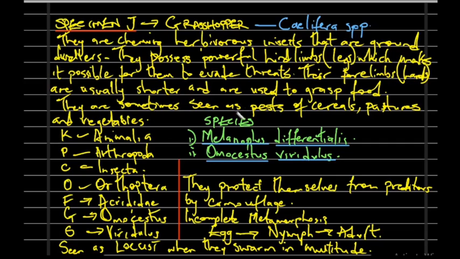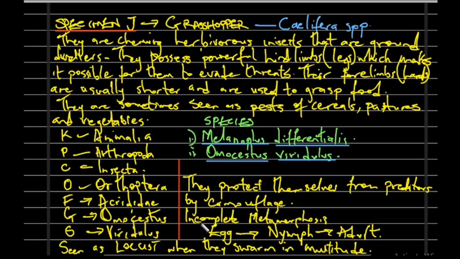They are sometimes seen as pests of cereals, pastures, as well as vegetables. They protect themselves from predators by camouflage, because they conceal themselves in their environment, preventing themselves from being seen by predators.